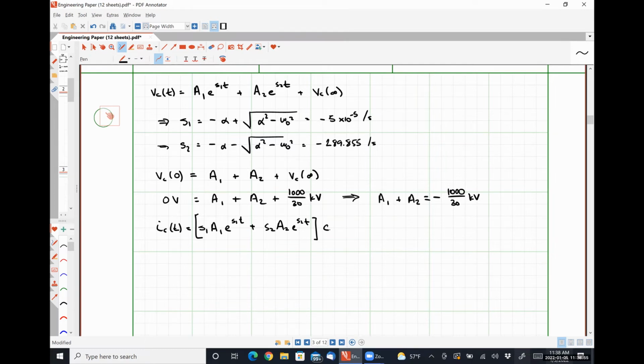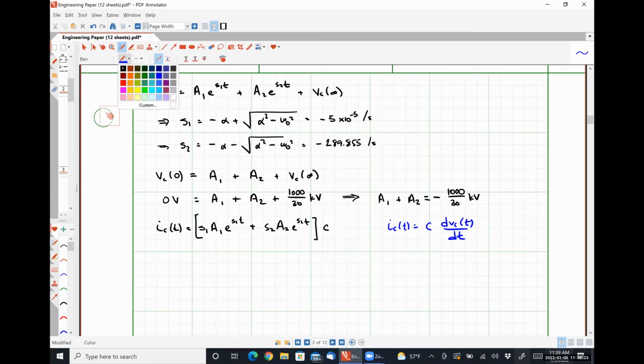I used the derivative part directly from the table, but I forgot that IC of t is C dV by dt. So I need to multiply my derivative relationship from the table by that coefficient C.